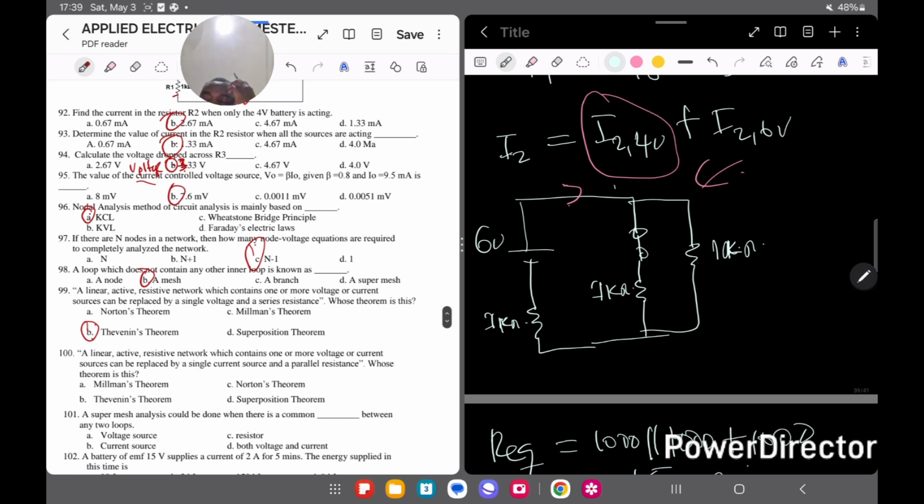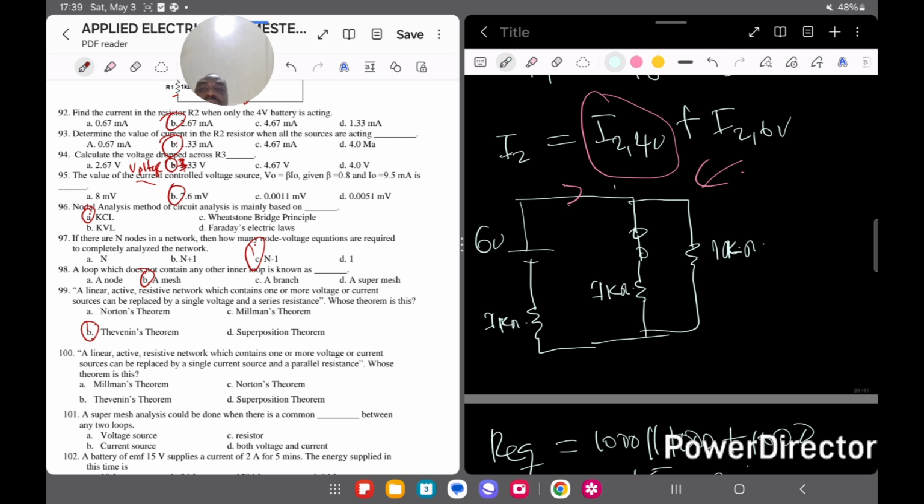Question 100. A linear active resistive network which contains one or more voltage or current sources can be replaced by a single current source and a parallel resistance, right? Whose theorem is this? This one is Norton's theorem, right?